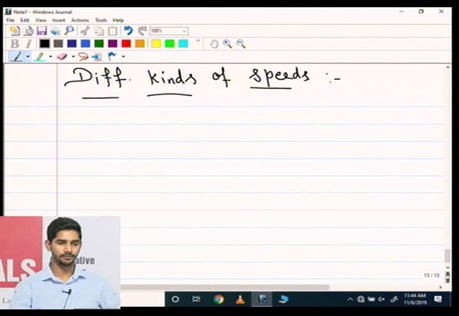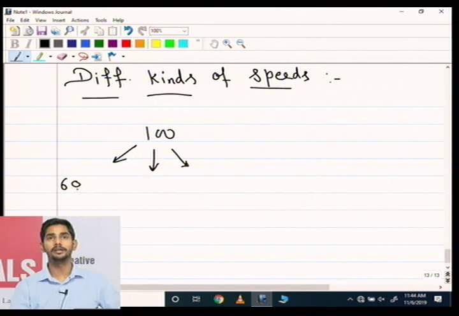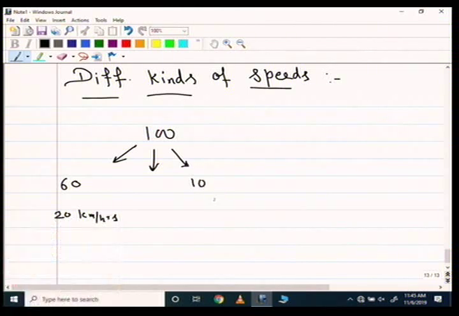Let me take an example. Let's say suppose there are 100 people. Out of 100, 60% are moving with the speed of 20 km per hour. There are only 10 people who are moving with the speed of 50 km per hour.